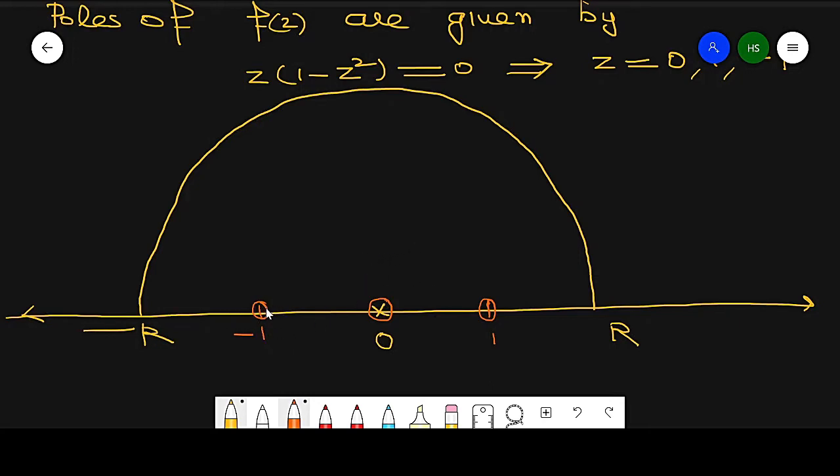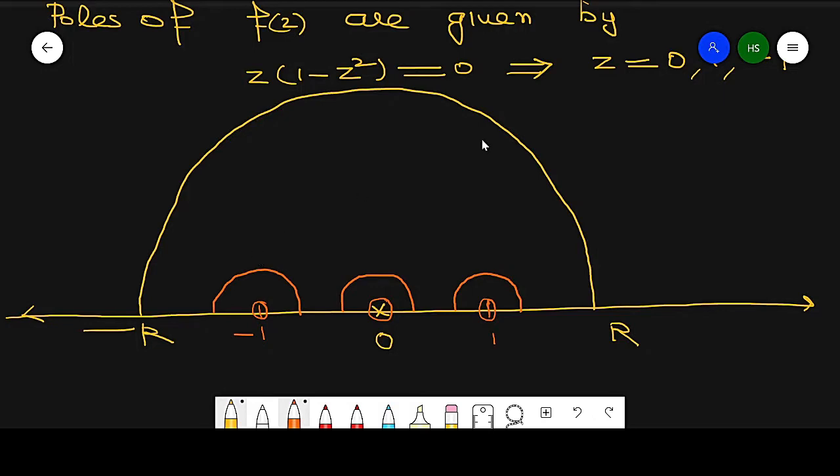Now to remove these singularities, I will take half circles of radius r1, radius r2, and radius r3. So I am taking this region, removing these small circles.